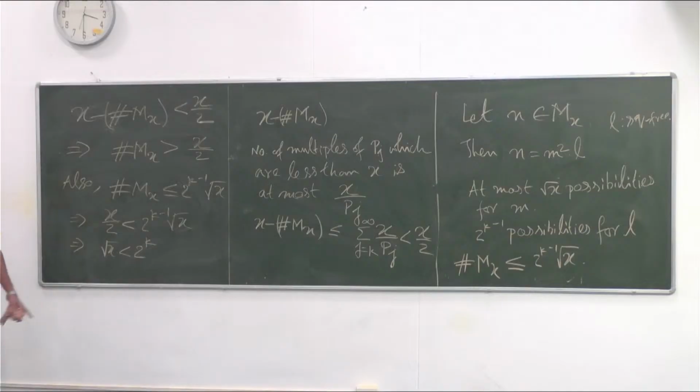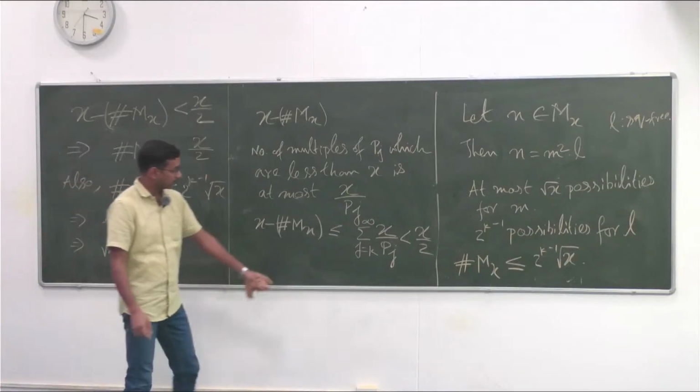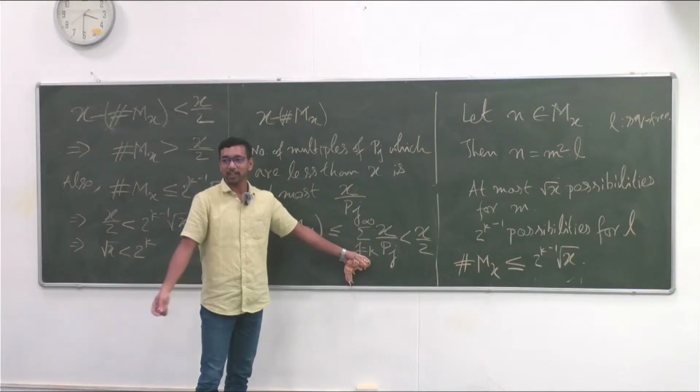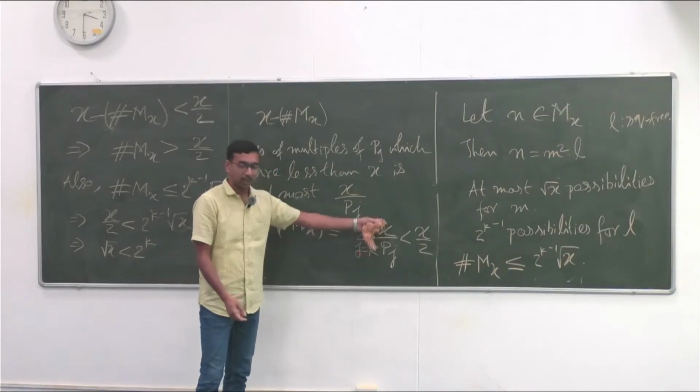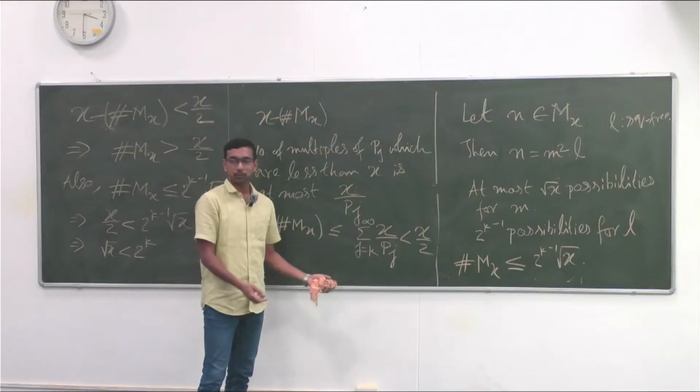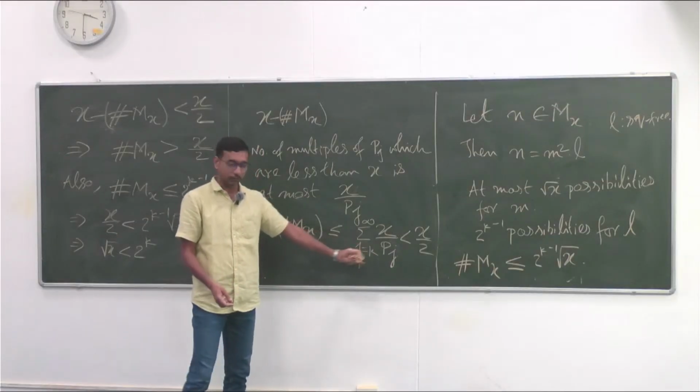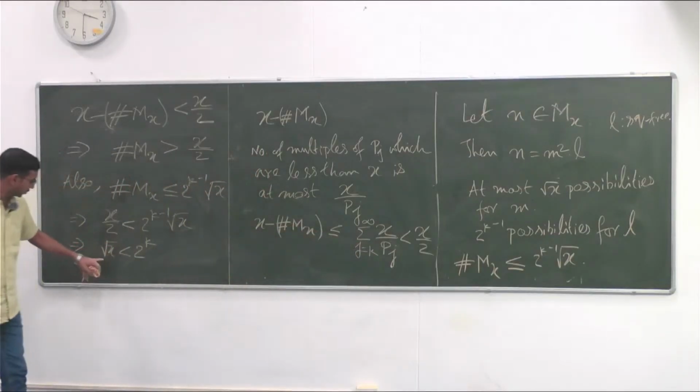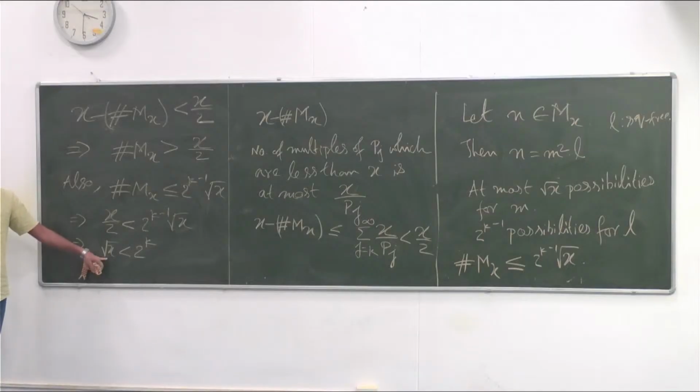But if the sum of the reciprocals of the primes diverges, then we can fix some k, so that the summation 1 by pj for j larger than or equal to k is bounded above by half, and that k is fixed. Now once that k is fixed, this x cannot be chosen to be larger than 2 power k, but we can choose x arbitrarily large because this argument is general, right? So that's the contradiction.